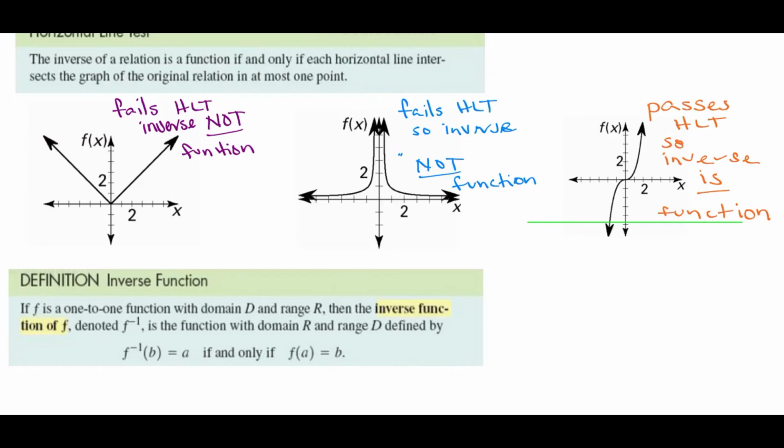Down here at the bottom, it's talking about if f is a one-to-one function, with domain and range D and R respectively, then the inverse is f inverse and it has domain R and range D respectively. So just what we talked about on the previous slide, that the domain and range from the function switch to become the range and domain respectively of the inverse.